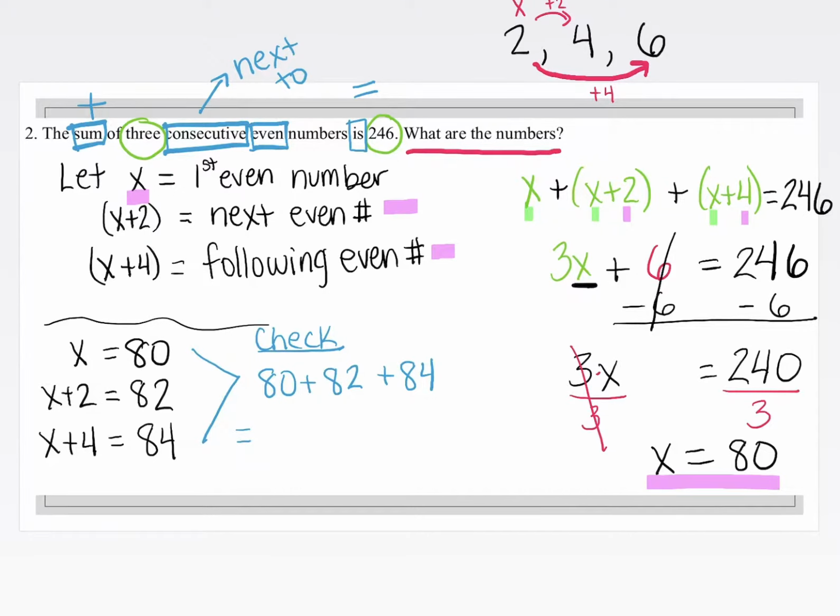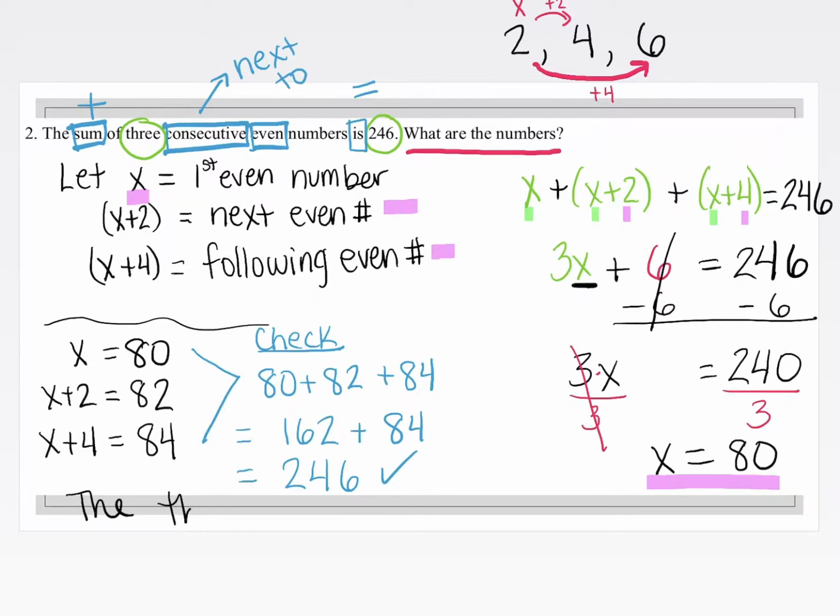If we add them together, 80 plus 80 is, 80 plus 82 is 162. Plus 84 gives us 246, which is correct. Now we have to write our final answer in a complete sentence.